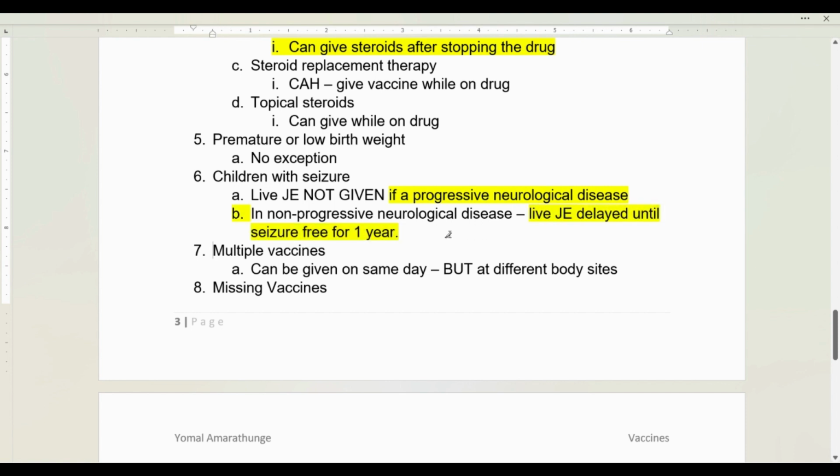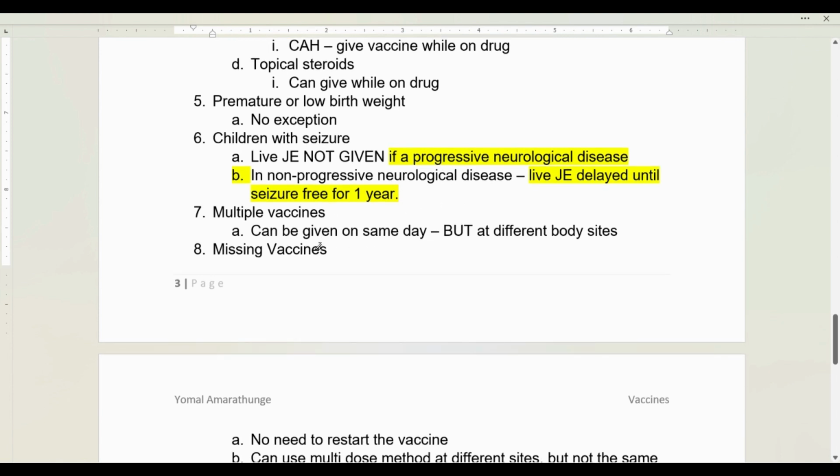So having a family history of epilepsy or seizures is not a contraindication to give live vaccines. But if there's a progressive neurological disease, we do not give live vaccines. But for non-progressive, we take an interval of 1 year and give the vaccine.